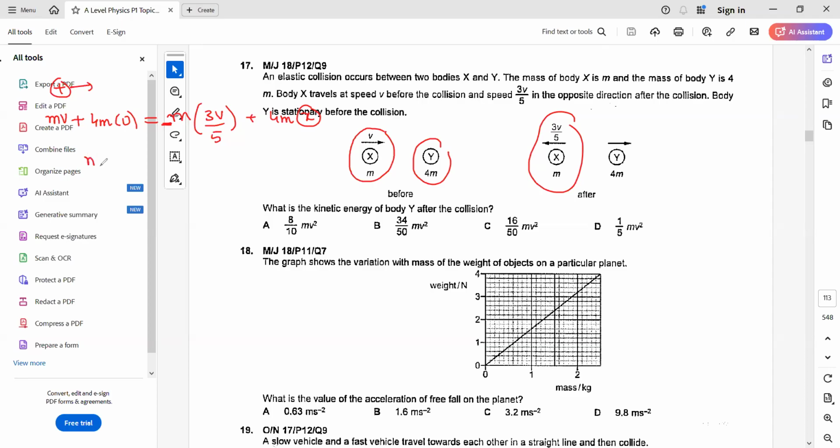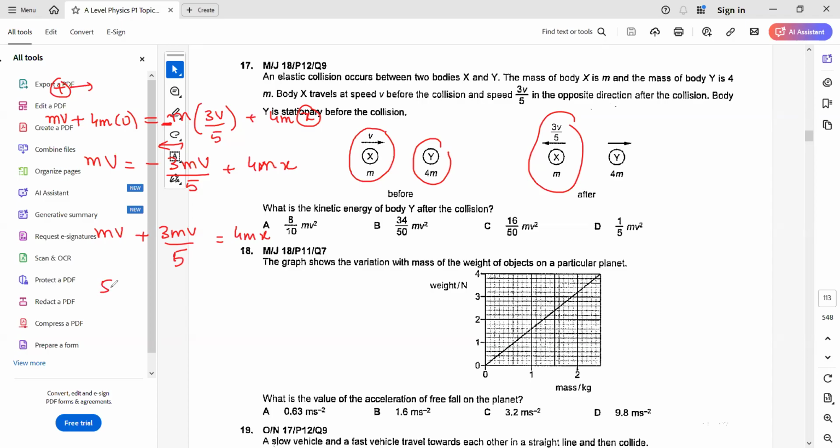So this would be mv is equal to minus 3mv over 5 plus 4mx. If we bring that there, this would now be mv plus 3mv over 5 is equal to 4mx.